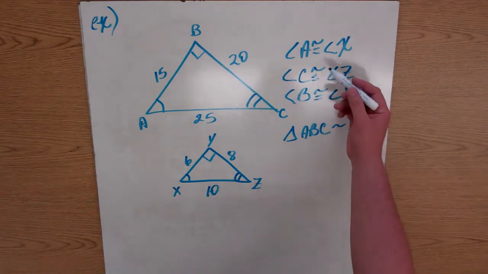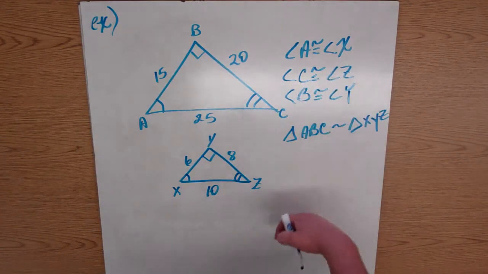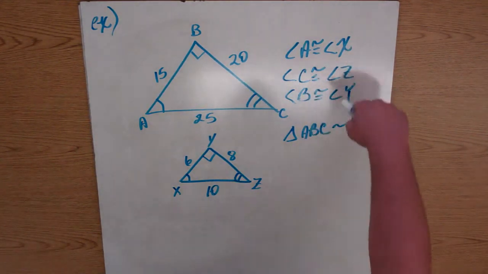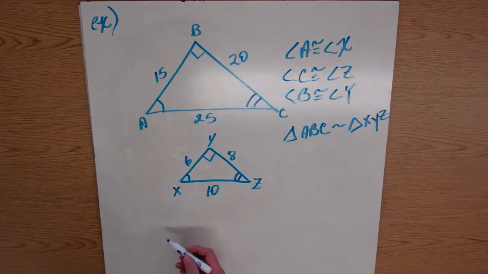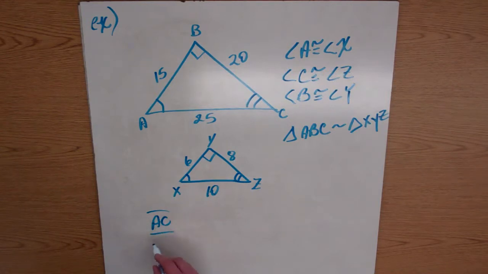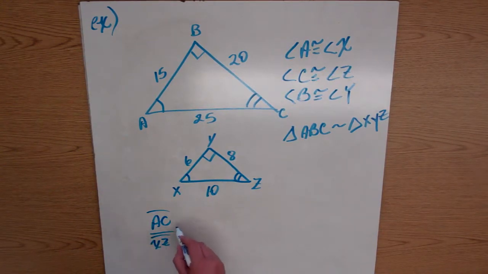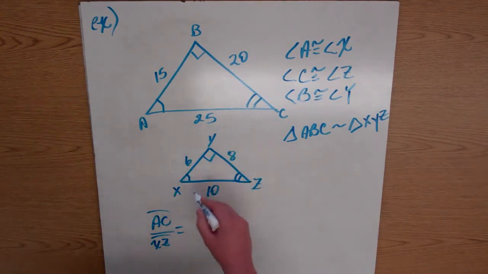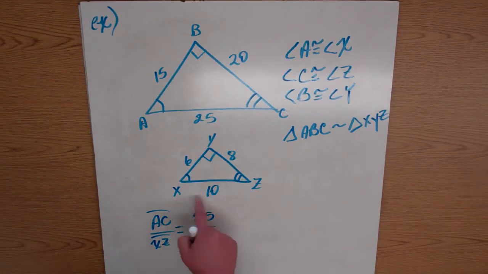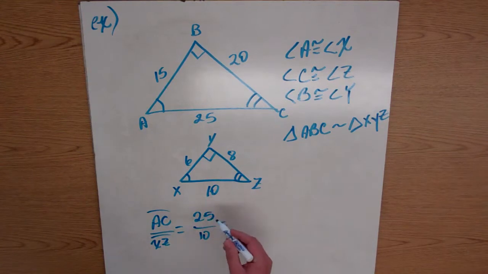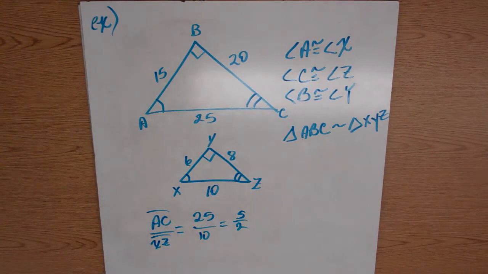Let's find it for side AC to XZ. So, AC over XZ equals AC is 25, XZ is 10. You can factor out a 5, that comes down to 5 over 2.